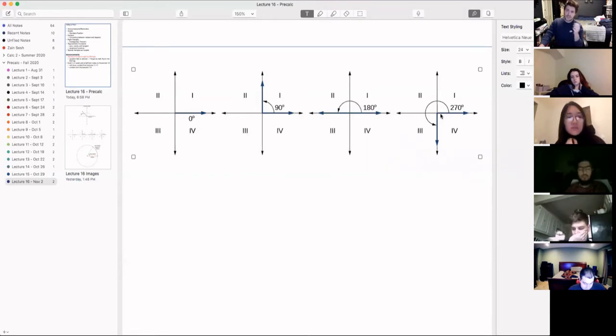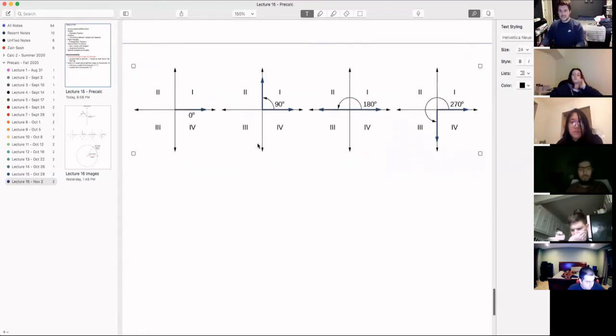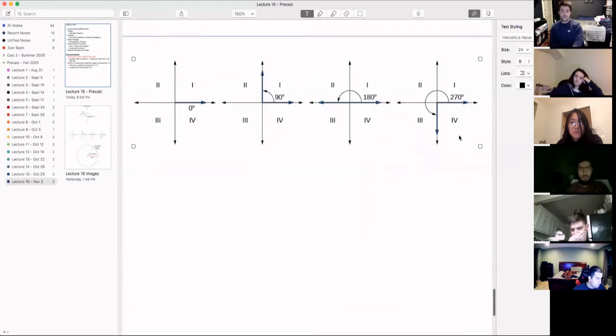We're going to see later that these angles turn out to be very important. I hope everyone sees that these are in fact in standard position, and these are all positive angles.